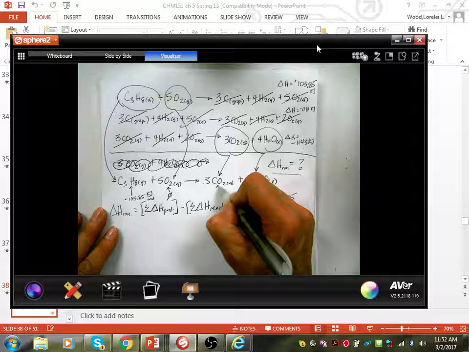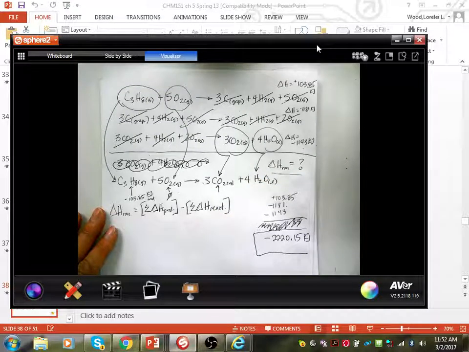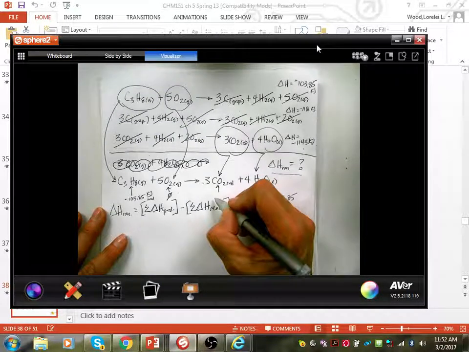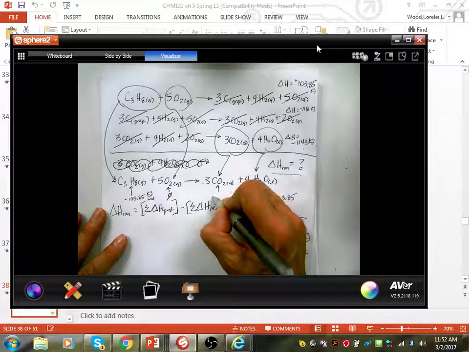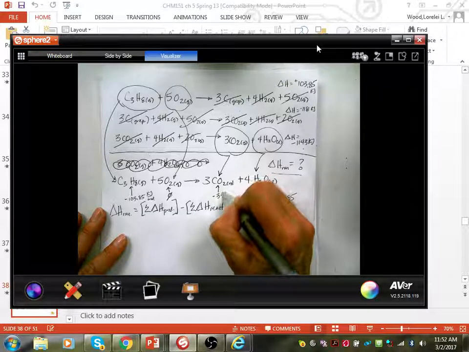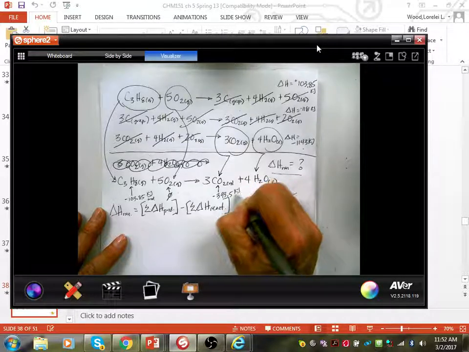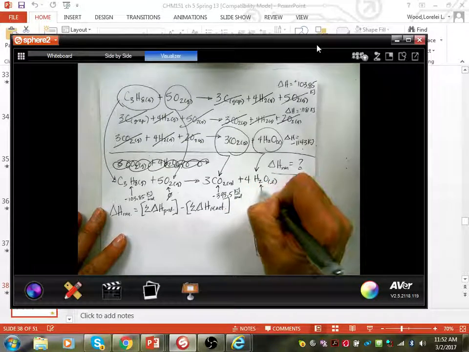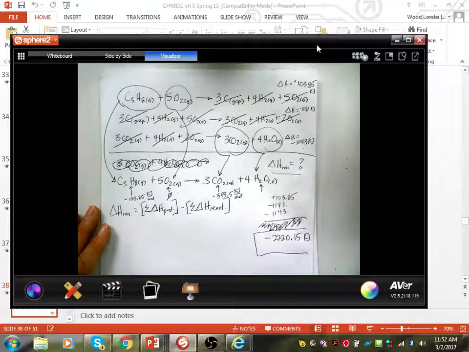What's the enthalpy for my CO2? Formation of enthalpy, on your chart that I gave you, your table of enthalpies. Okay. Kilojoules per mole. And finally, what's my H2O's enthalpy of formation?